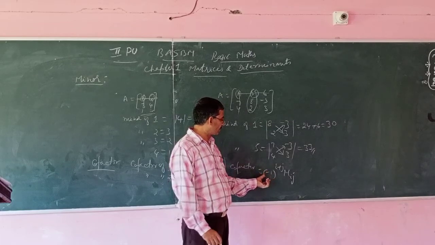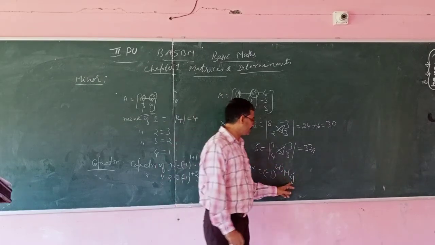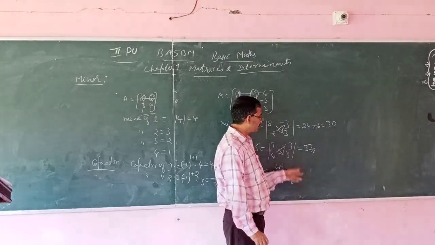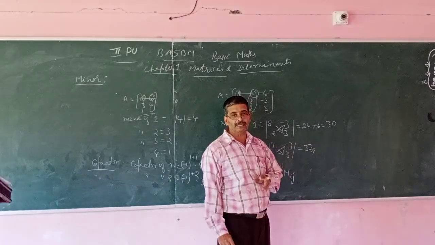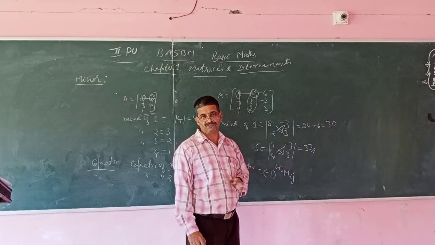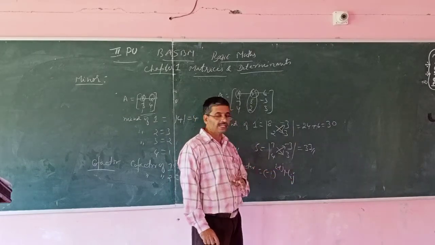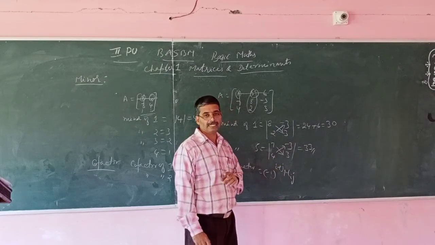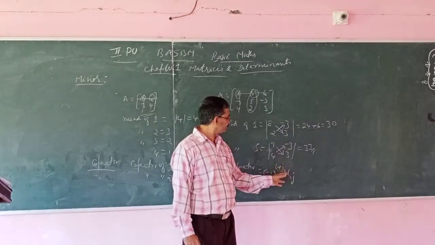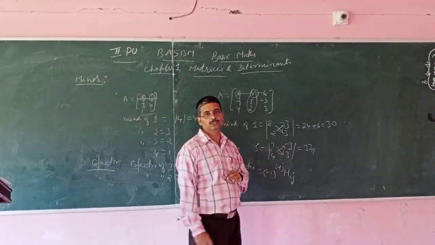So generalization is minus 1 to the power i plus j, mij, where mij means minor. Again I told you minor means the determinant obtained by deleting that particular row and particular column. So this way you can find out minors and cofactors.